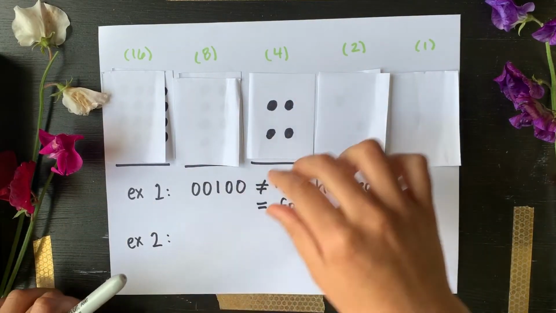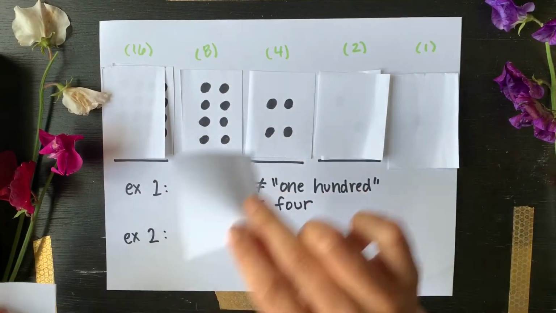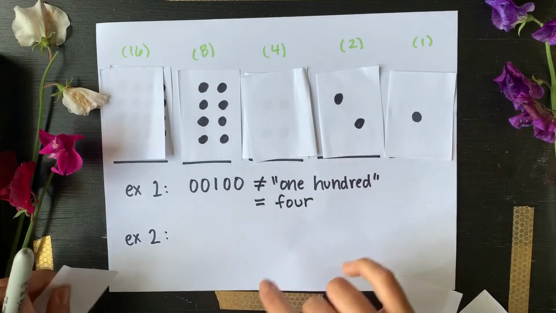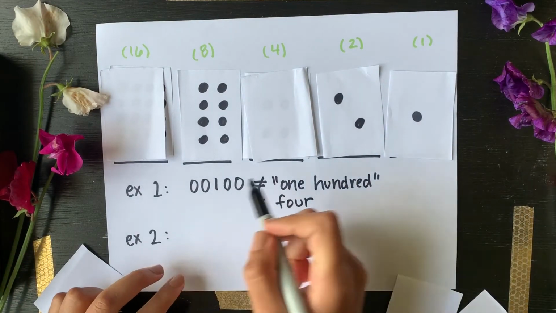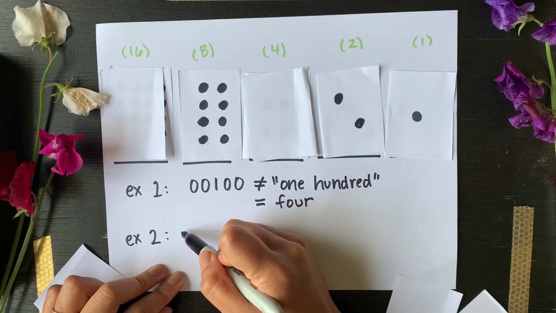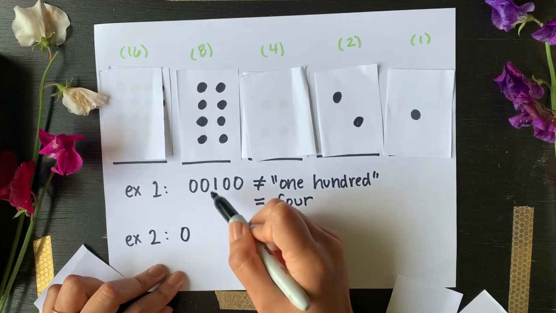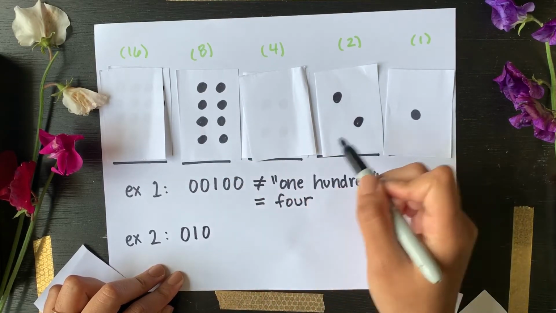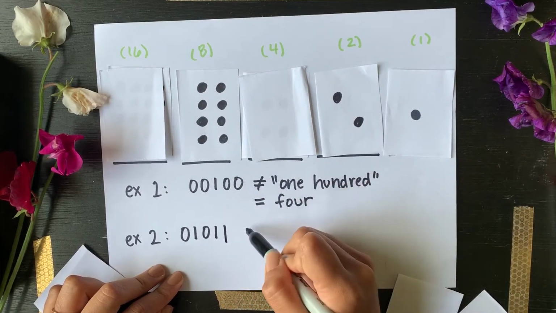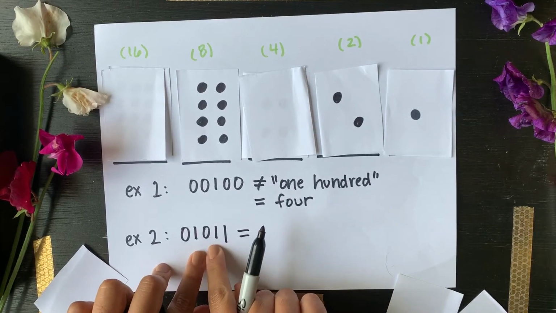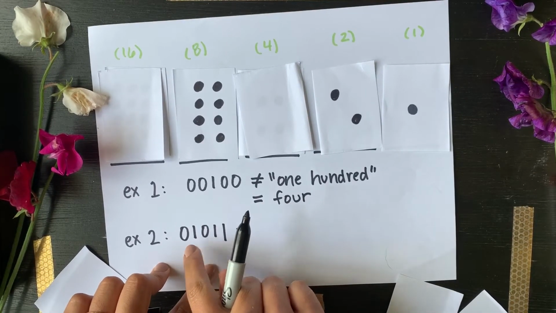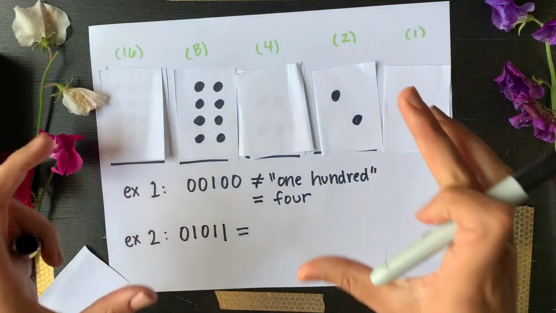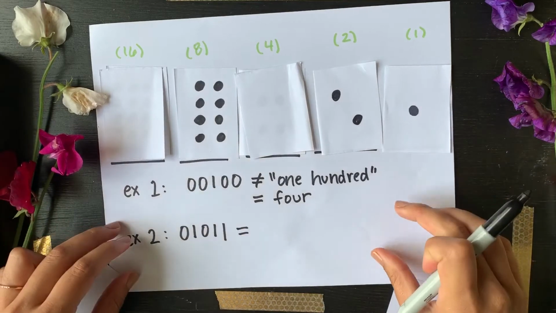Let's say I turn on this one, let's turn off this one, and let's turn on both of these digits. So now this example shows the binary number 0, 1, 0, 1, 1. Now again, as a decimal, this might look like 1011, but it is not. It does not represent that amount. We're looking at it specifically as a binary number.